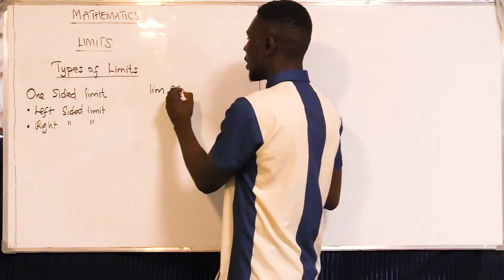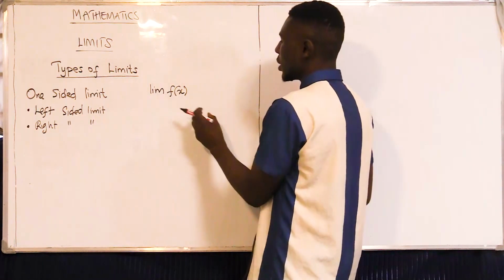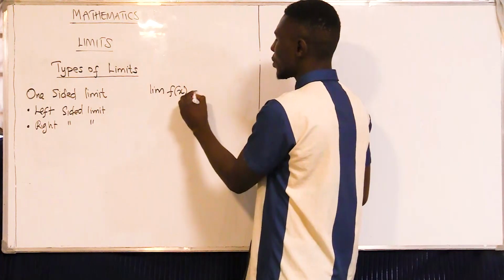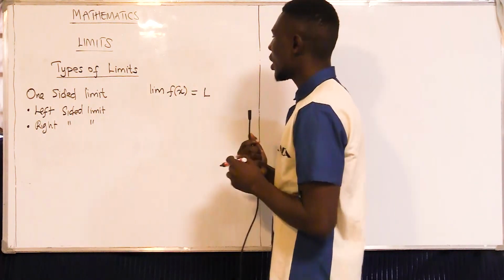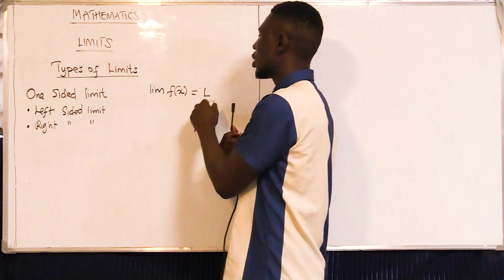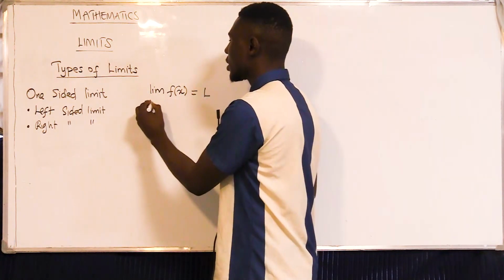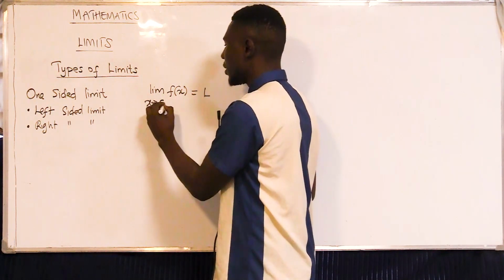So we said, if I have the limit of my function f of x equals L, that is to say, f of x is going close to L as x is approaching a number c.